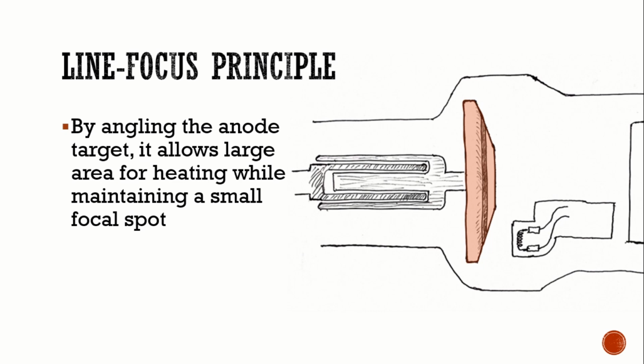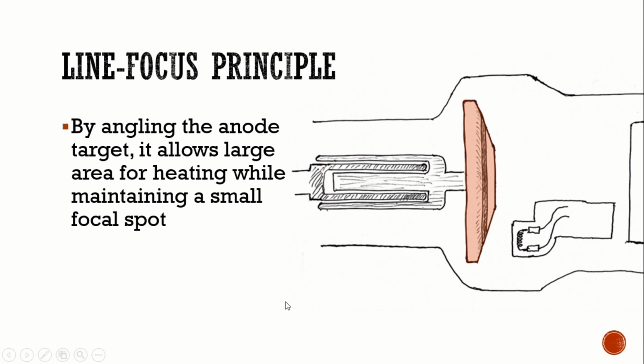Now, that is where your line focus principle comes into play. The line focus principle is a design of the anode. By angling the anode target, it allows a large area for heating while maintaining a small focal spot.